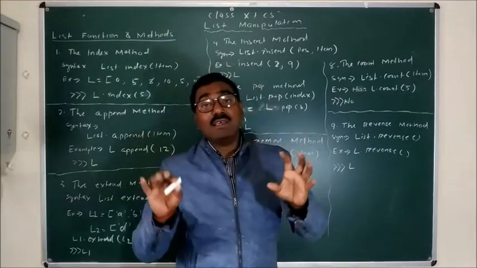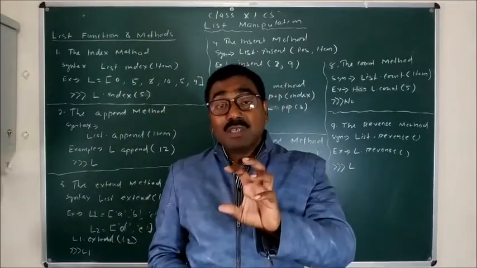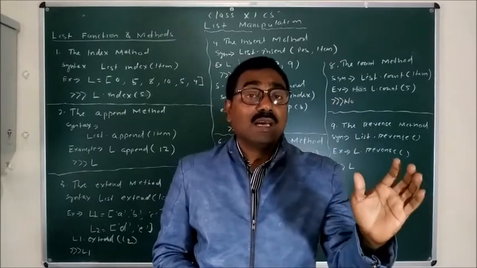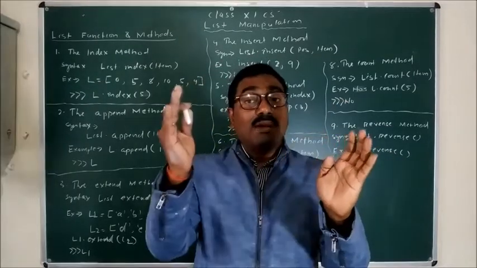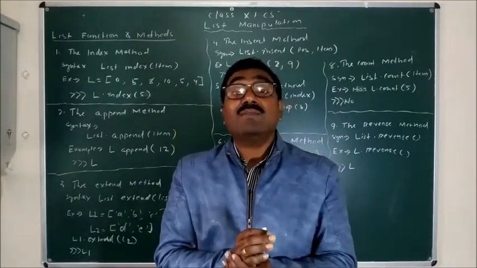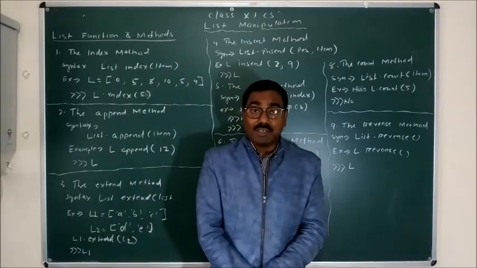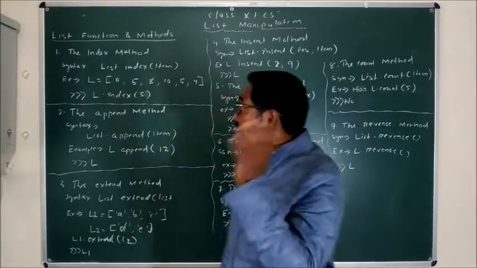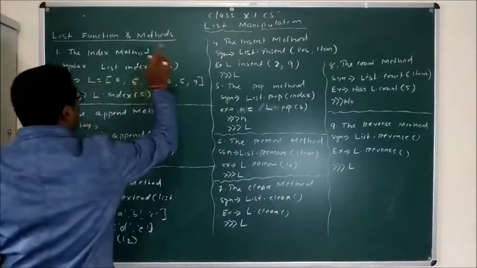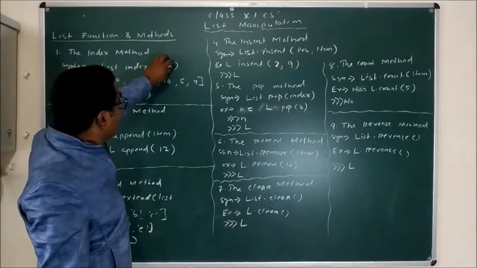Suppose in a list a particular value is stored 3 times, the index at which the value is stored first, starting from the left, is the index that will be returned by this function. It can be used as list dot index, and then the value of the element is written inside.